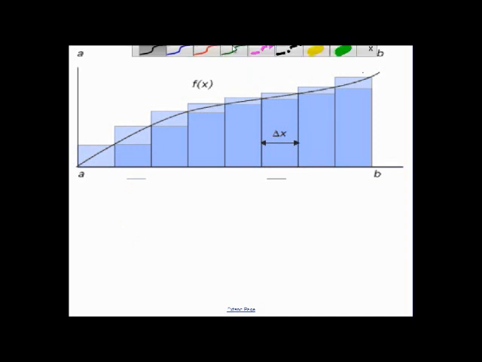So I want to remind you of that equation. We called these little widths delta x, right? And remember that the height of a rectangle, if I made a rectangle that looks like that, would be f at x, right?